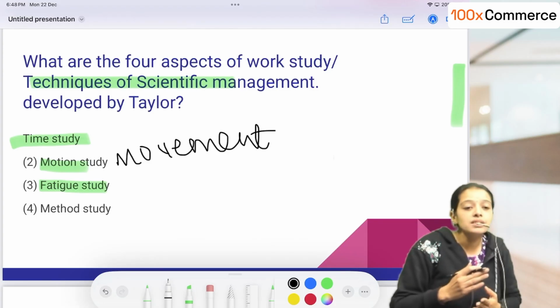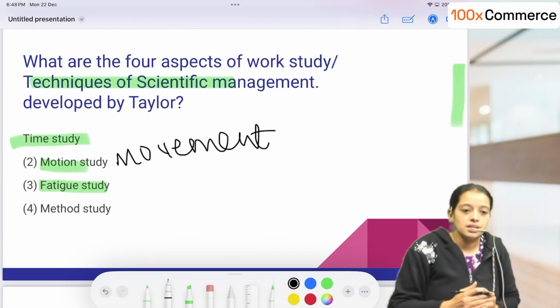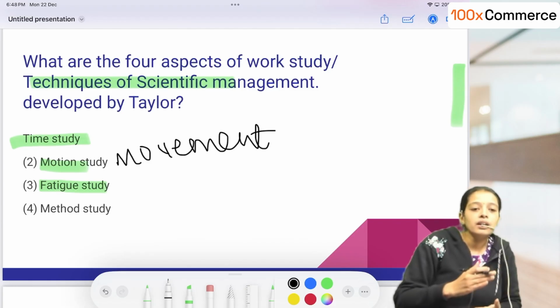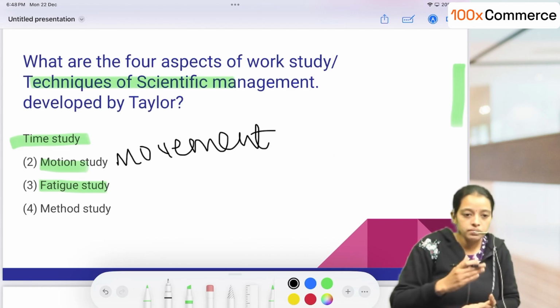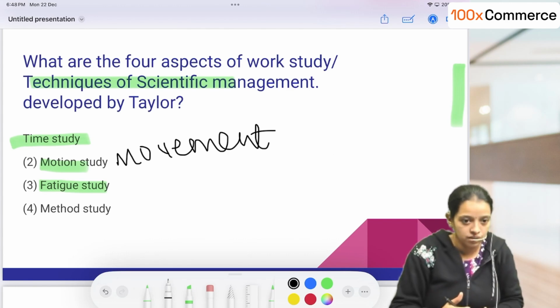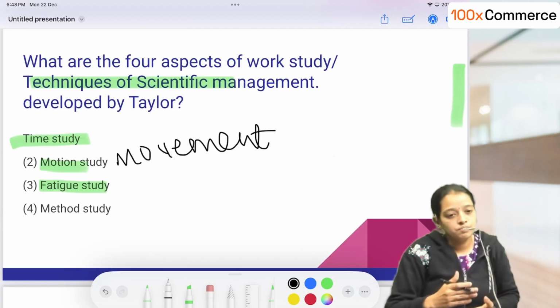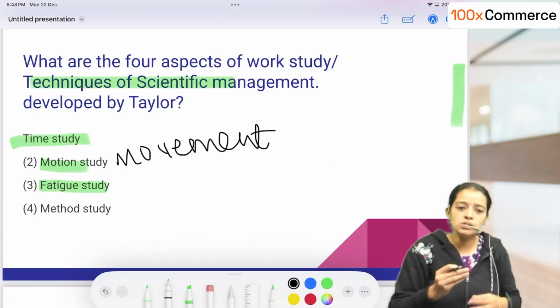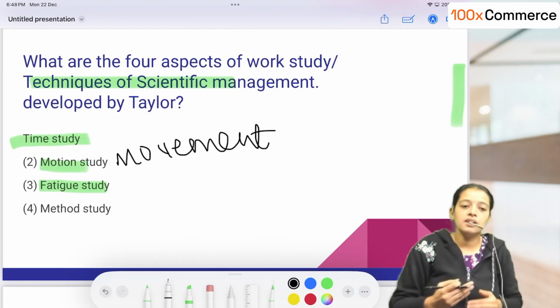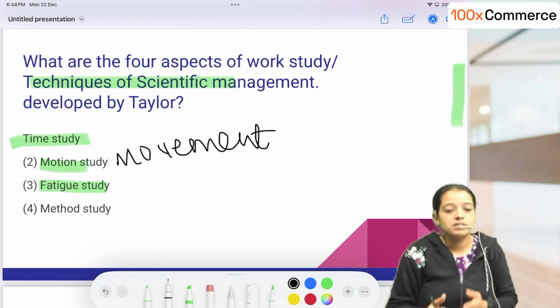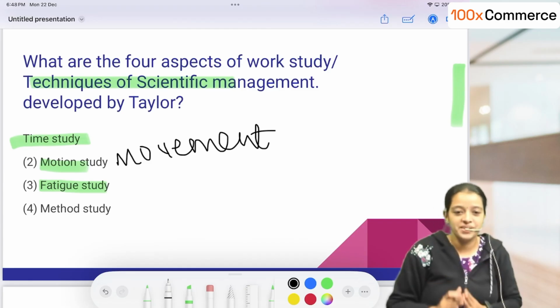So that has to be avoided. For this sake, F.W. Taylor made a rule that a regular interval of break has to be given. Like some short breaks, lunch break or some refreshment break has to be given so that he feels motivated, he feels energized and he will be working for longer hours and his motivation also increases.